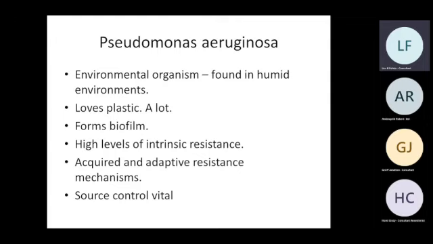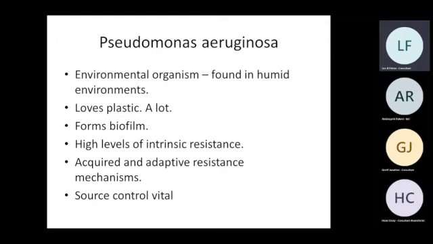It's got a high level of intrinsic resistance. So the Pseudomonas has got very low outer membrane permeability. Its outer cell membrane is capable of repelling lots of antibiotics and not allowing your hydrophilic antibiotics like beta-lactams from getting into the bacteria in the first place.